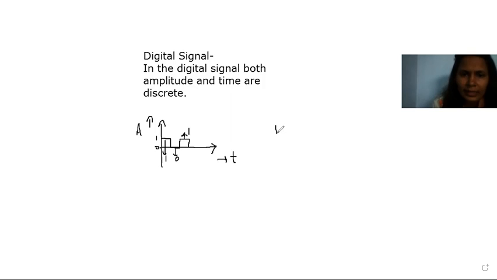Here, 1 in the digital signal, 1 means high voltage. And 0 means low voltage.